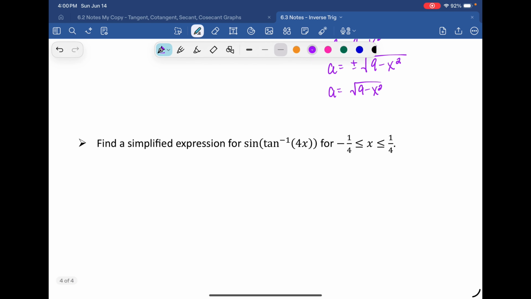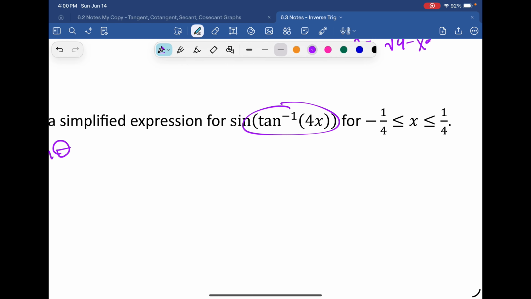All right, find a simplified expression for the sine of inverse tangent of 4x, for x from negative 1/4 to 1/4. All right, so the inverse tangent is an angle. So I'm wanting the sine of some angle. Well, tangent is, let's see.